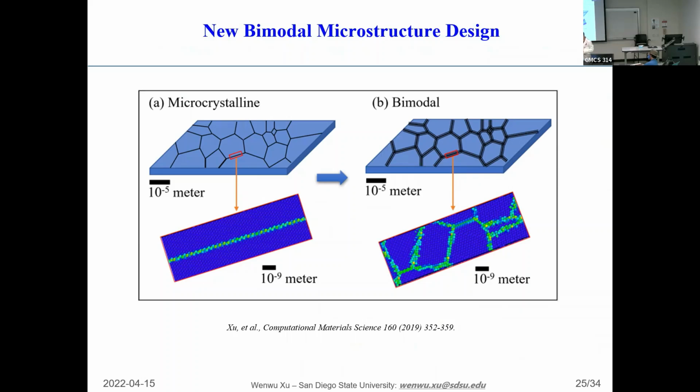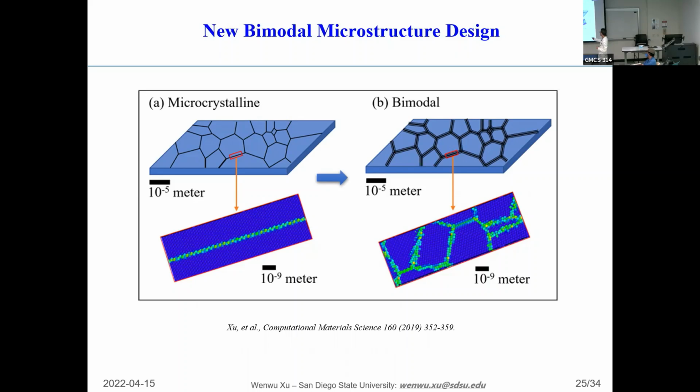If you may recall, for nanocrystal materials, when the grain size is very small, the dislocations generated are going to sink and disappear in the grain boundary region, right? So that means those nano grain boundaries would actually act as a kind of sink for dislocations. That means we are potentially able to avoid the dislocation accumulation by introducing lots of those nanograin boundaries. And that is what we are trying to set up theoretically in a new microstructure.